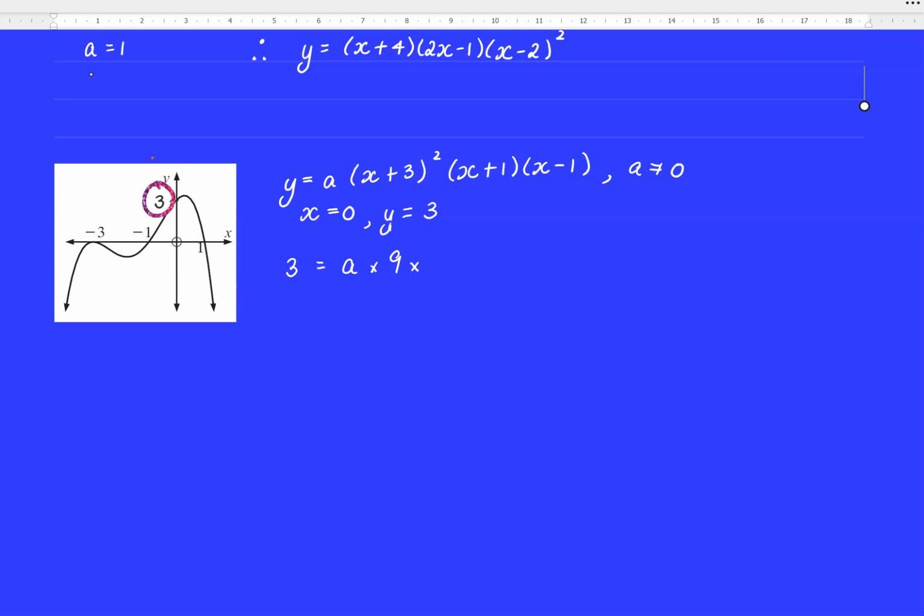0 plus 1 is 1. 0 take 1 is -1. So now I've got 3 equals negative 9a, and therefore a is 3 over -9, which is -1/3, and therefore y will now be -1/3 times x plus 3 squared, times x plus 1, times x take 1.